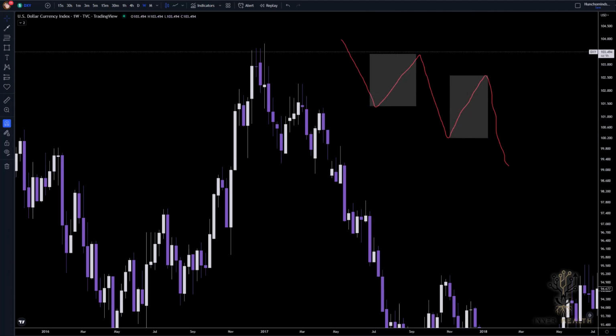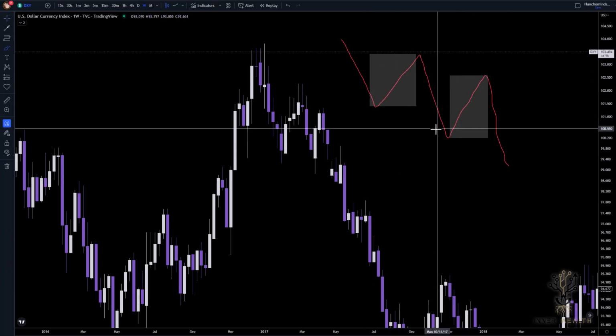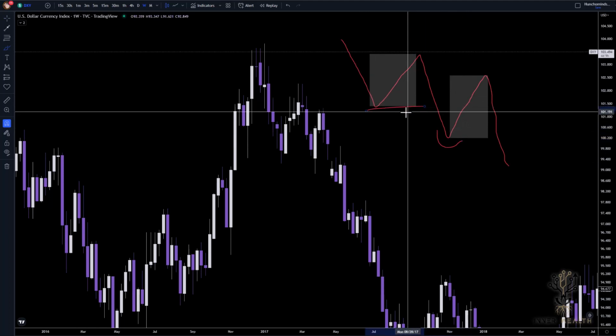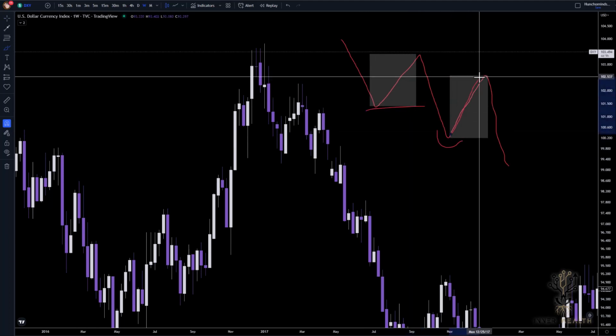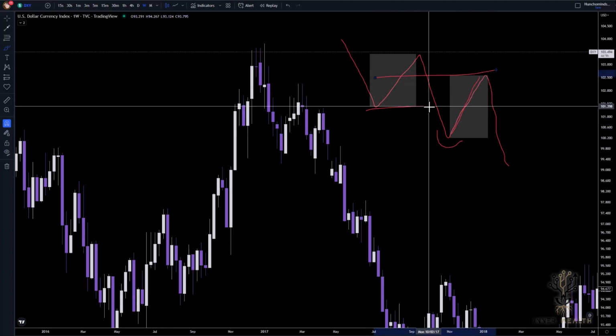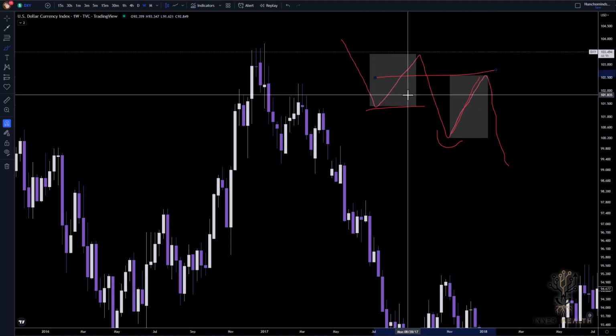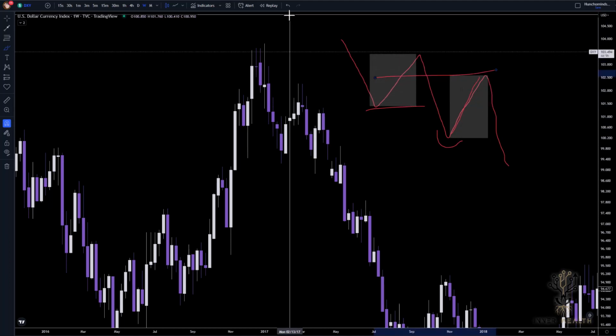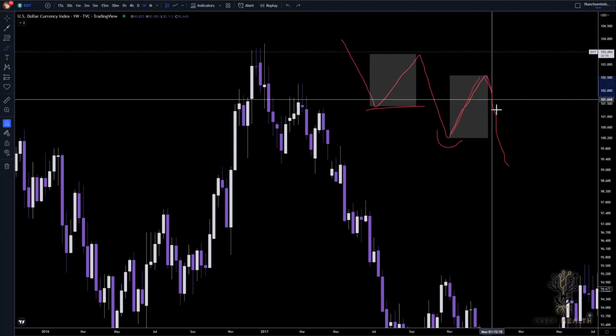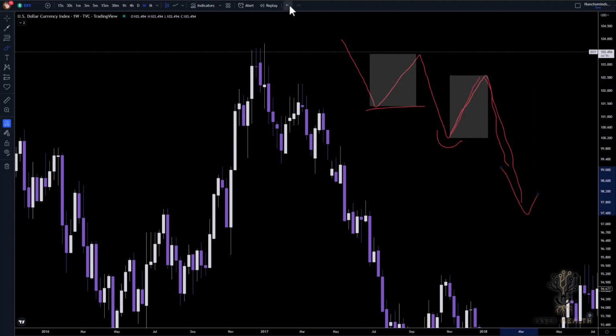What price action is doing here is it's trading below the previous low and then coming back to our previous bearish order block, and we're finding resistance to then take price action back down.